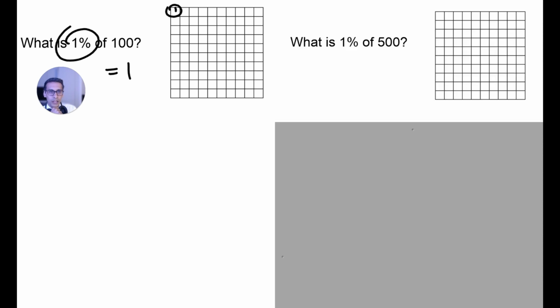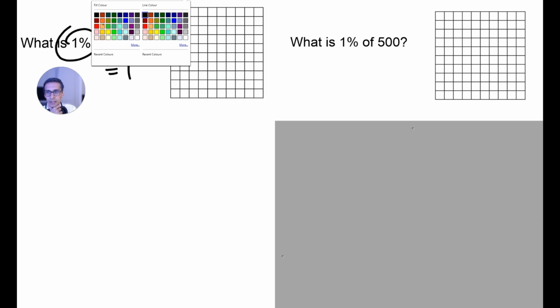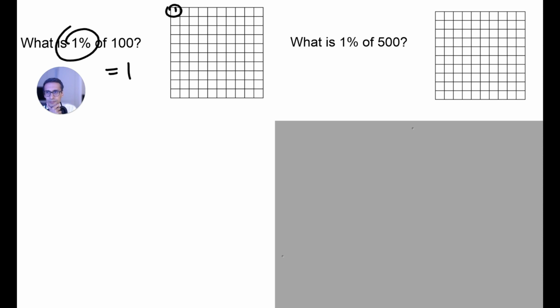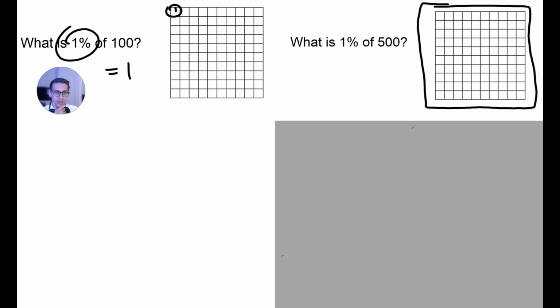If I asked you to work out 1% of 500, let's say that this represents 500 here. It could be 500 anything, 500 pizzas, 500 cakes, 500 bananas, 500 pounds, 500 kilograms.